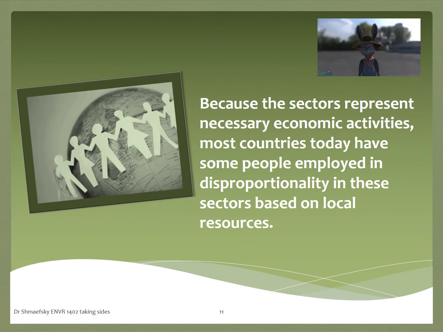So when we start looking at how government deals with economic sectors, we know that economic sectors are necessary activities, and most of our people today are employed within these sectors, but disproportionately. And this is where we have to look at resource distribution and how we make decisions that deal with this disproportionality of labor.